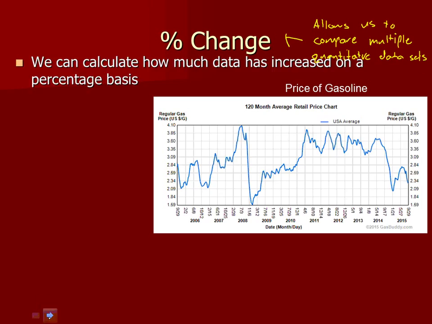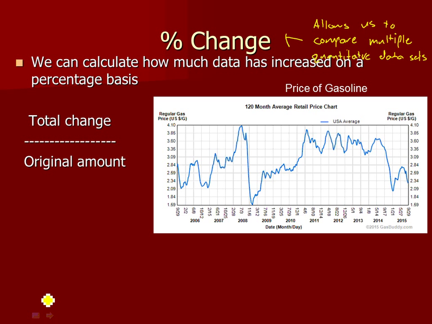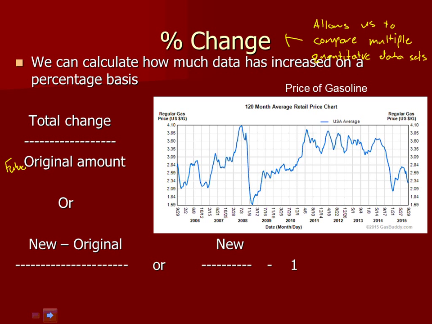Here's how we calculate percentage change. Three ways. You can find the total change and divide it by your original amount. Or you can calculate it by taking your new amount divided by your original amount. Original is not future, sorry, that's a past amount. The new is like your future.